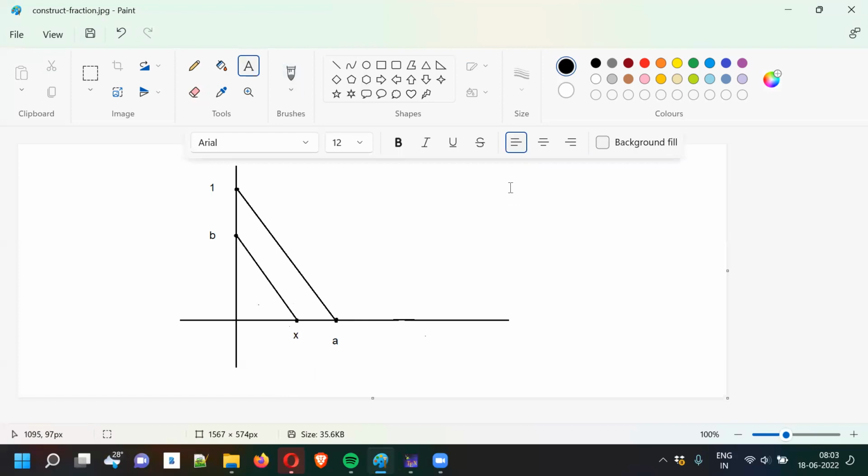Once again, just look at similarity. Okay. By similarity, what do you get? Now again, comparing the larger triangle with the smaller triangle, we get A by X is equal to 1 by B.